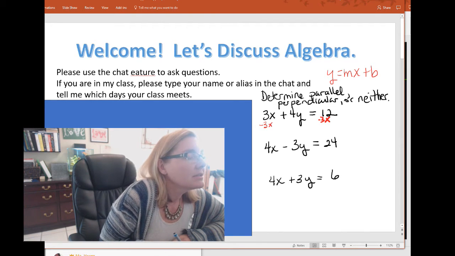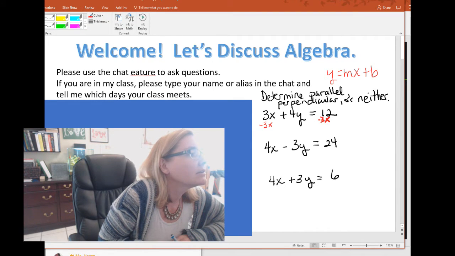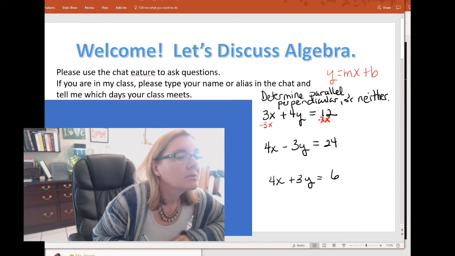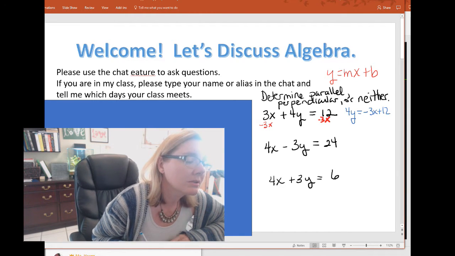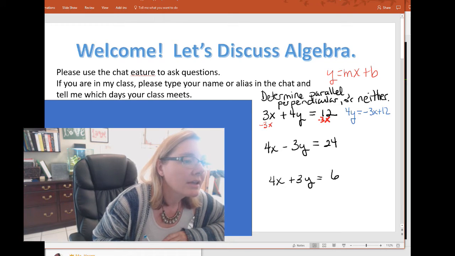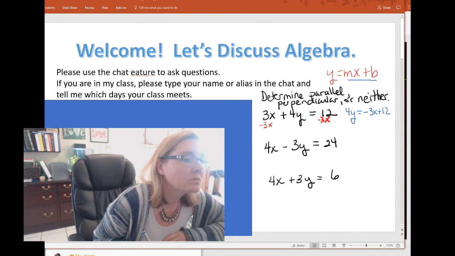So what that means is that our equation is going to turn into 4y equals negative 3x plus 12. Now we could put 12 minus 3x, but we prefer, again, that it matches y equals mx plus b. So we want the first term to be the x term on the right.